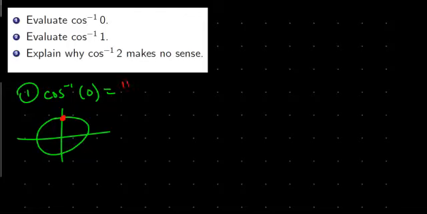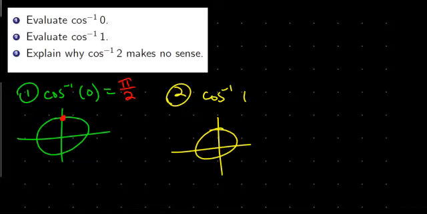I think we've already done that, didn't we? Pi over 2. And it has to be between 0 and pi. So number 2, inverse cosine of 1. Okay, again. Draw a circle. When is the cosine 1? Well, it's right here is when the cosine is 1. So that's going to equal 0.